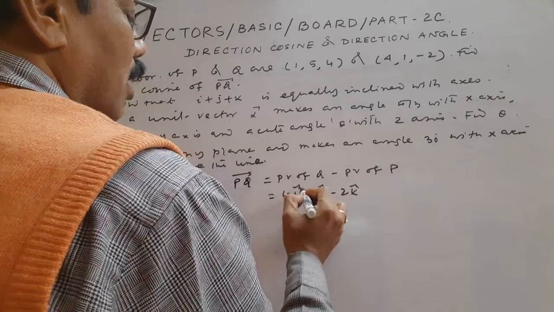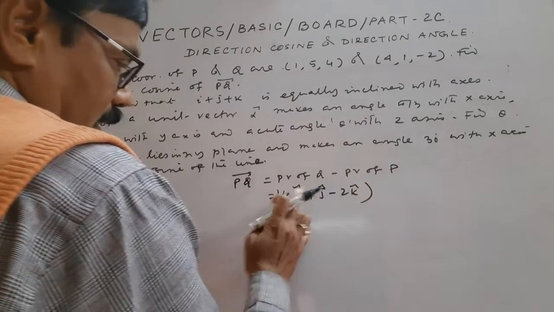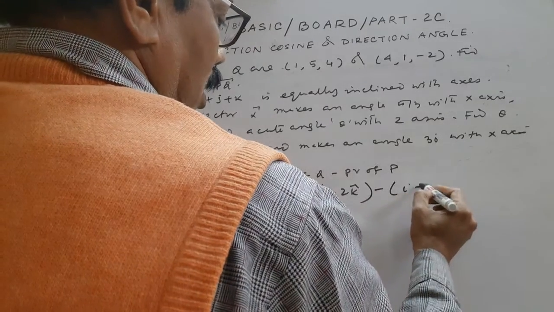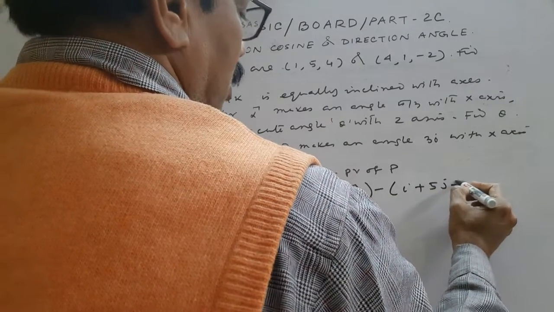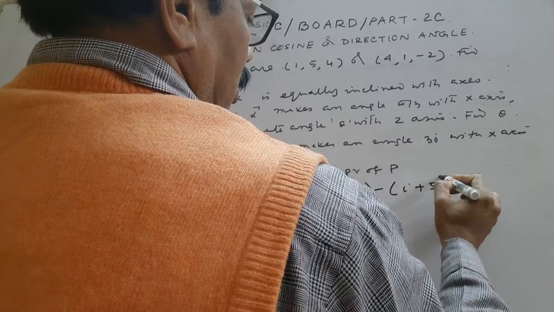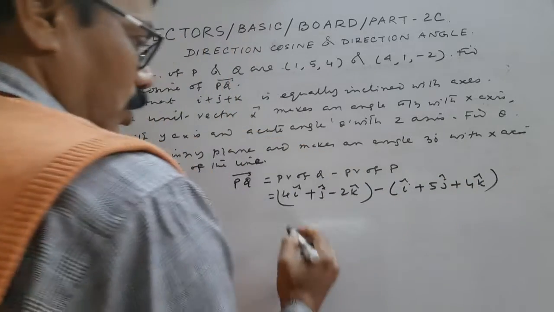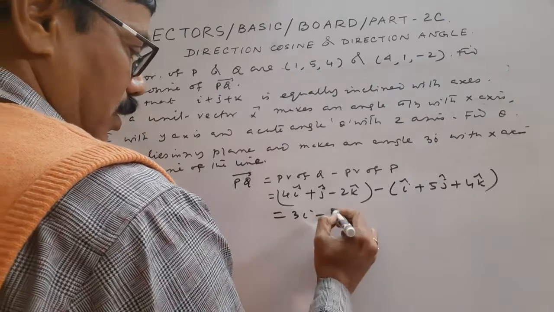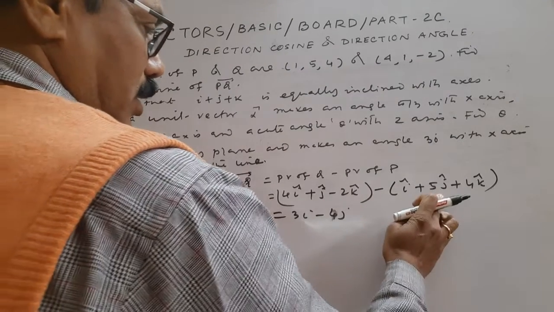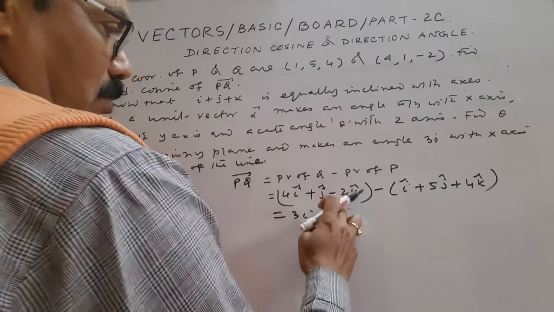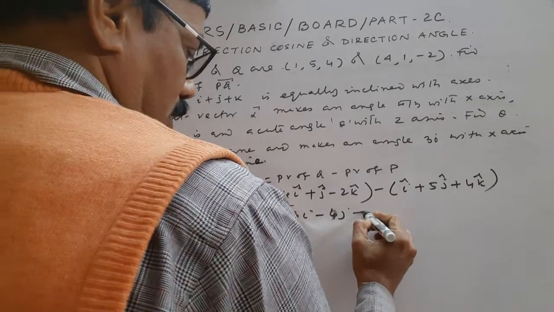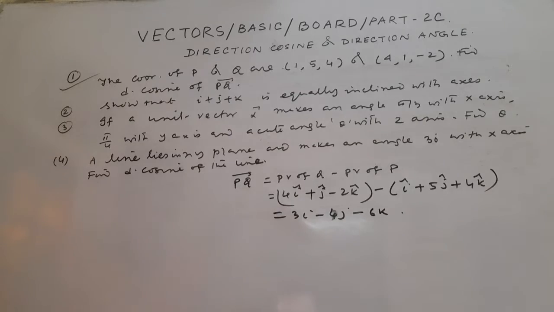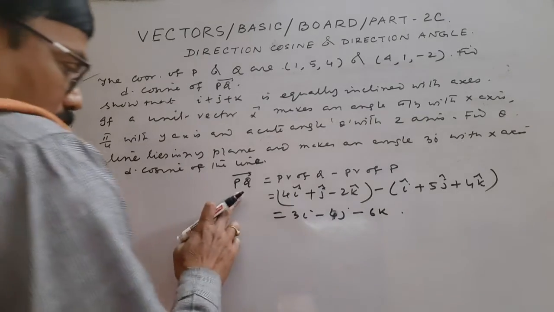Whether cap is given or not, we always suppose that they are unit vectors. Minus (i plus 5j plus 4k). So we are getting 3i minus 4j, and minus 2k minus 4k, this is minus 6k.